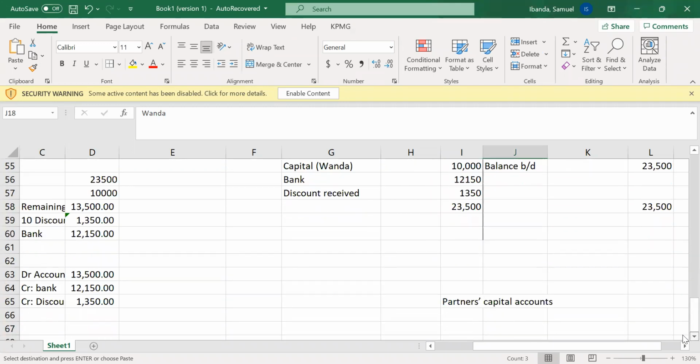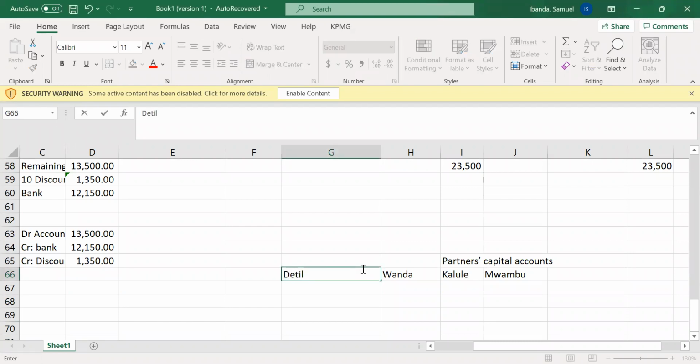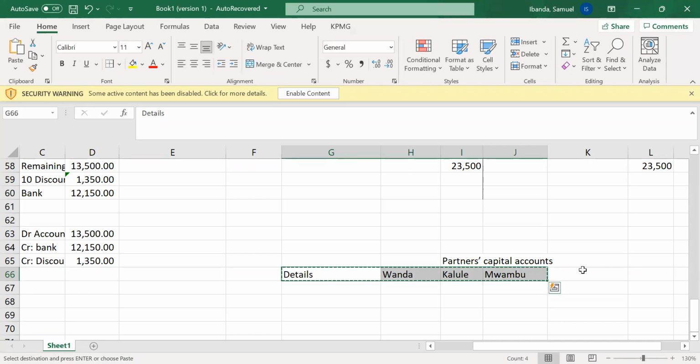So I'm going to create for them different columns down in the capital account. So when you come down here, you have a column for Kalule, a column for Wanda. And remember, capital account will have a details column, and then we'll have details here, and this same thing will also be at this other side.